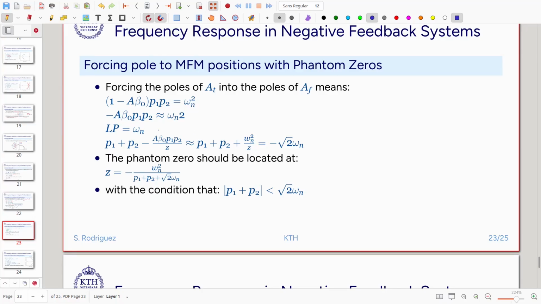So for the quadratic term, we have that 1 minus the loop gain, product of the poles, has to be equal to omega n squared. Wn is the radius of the semicircle in the Butterworth filter. So typically A beta null is very large, and then we can omit the 1, and we can approximate omega n squared to this value. From what we saw before, LP is equal to 1 minus A beta null, times the product of the poles.